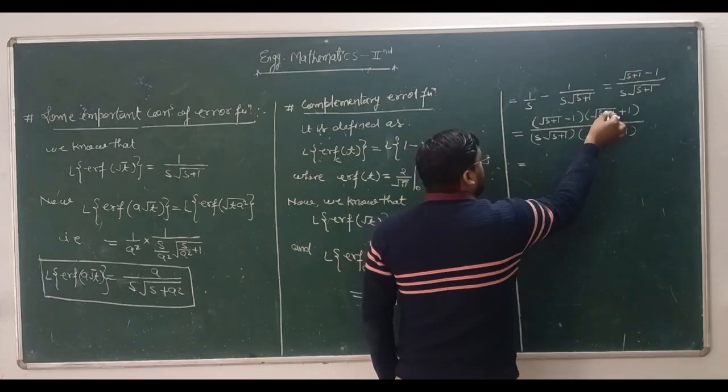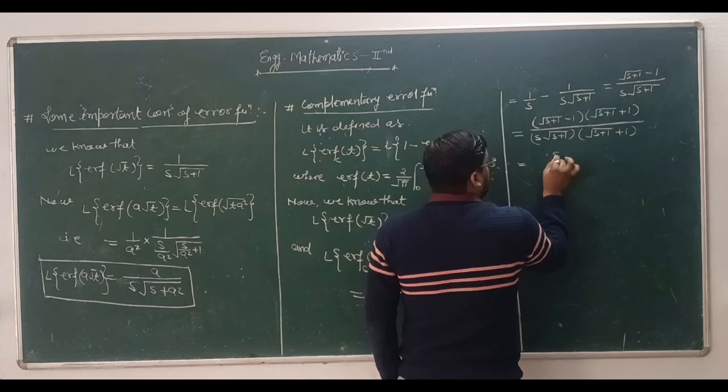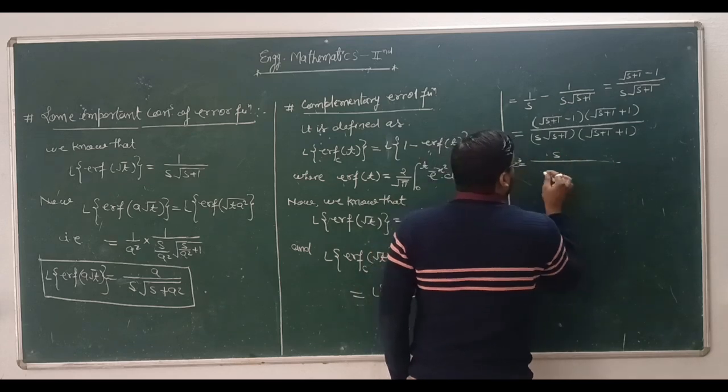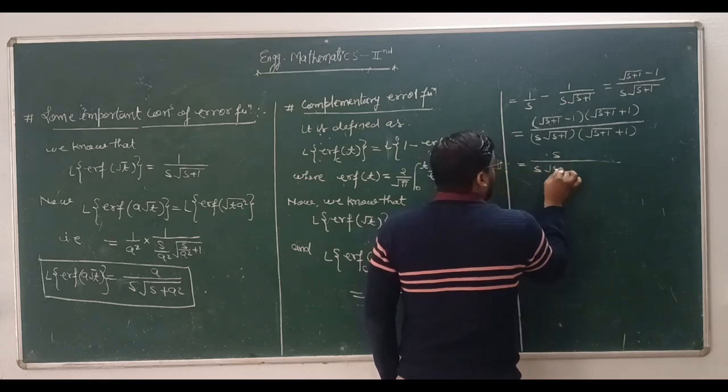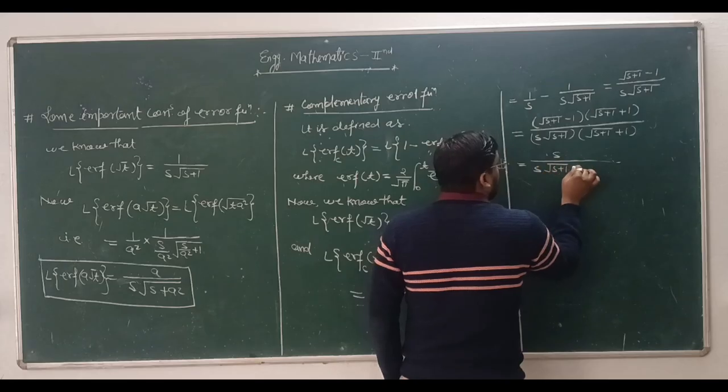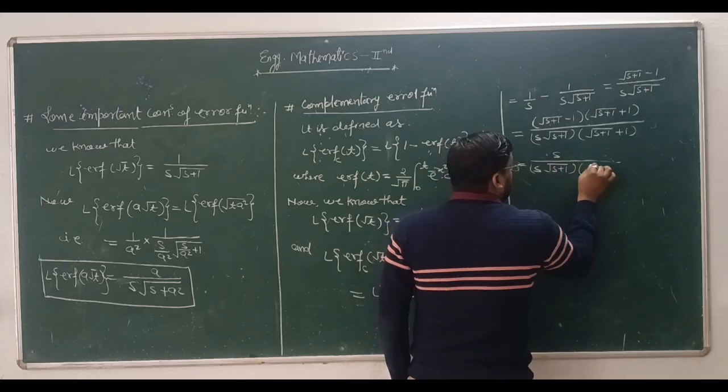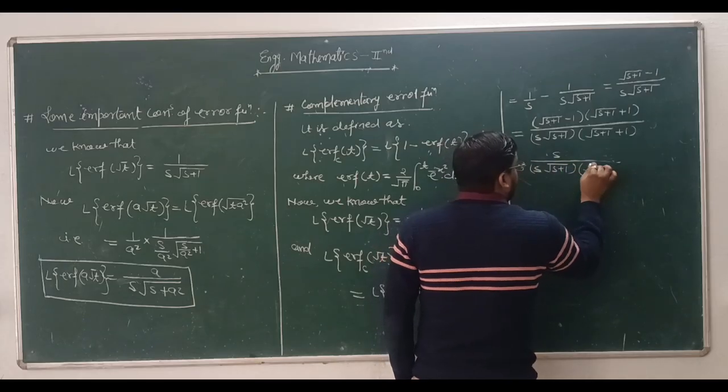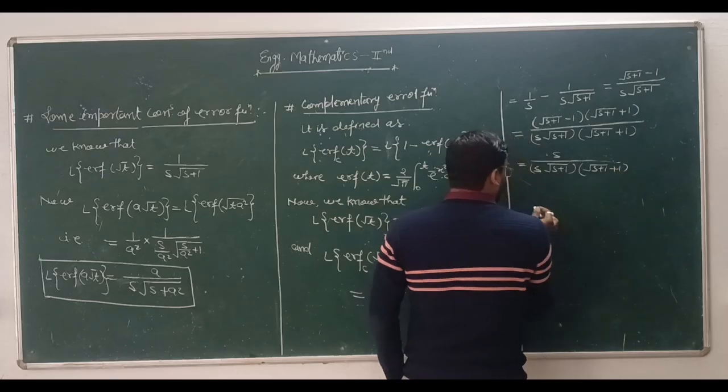Now you can solve this. It means s upon s under root s plus 1 bracket root s plus 1 plus 1.